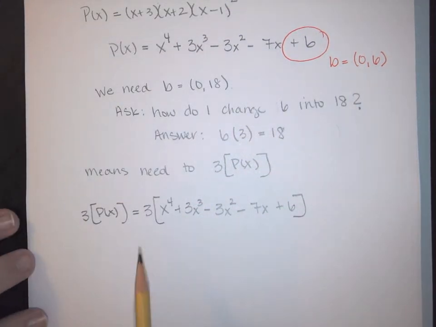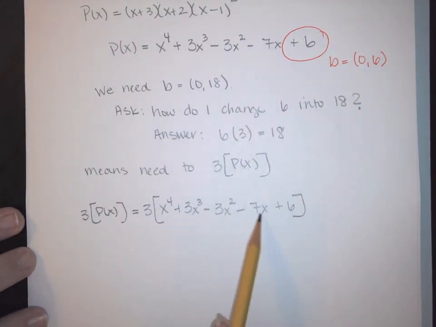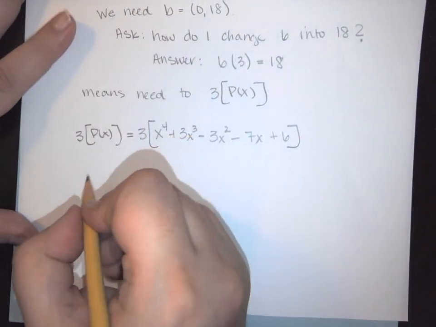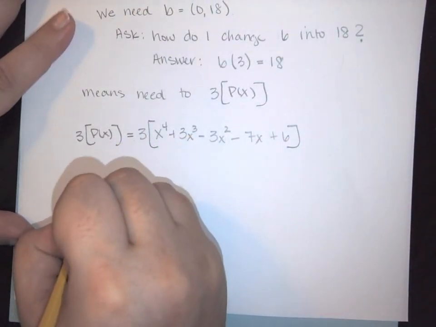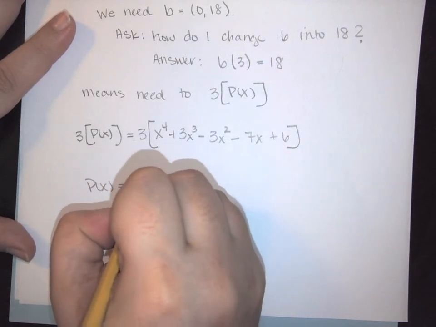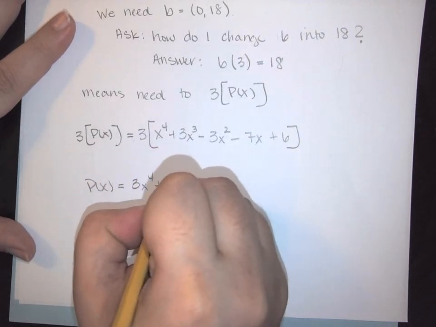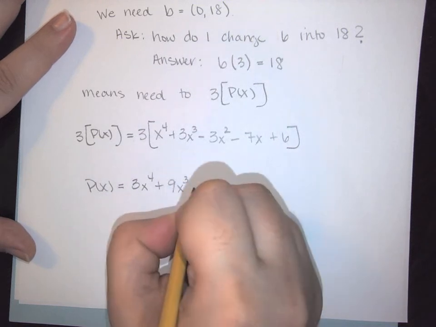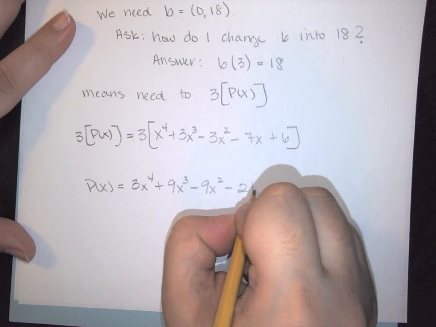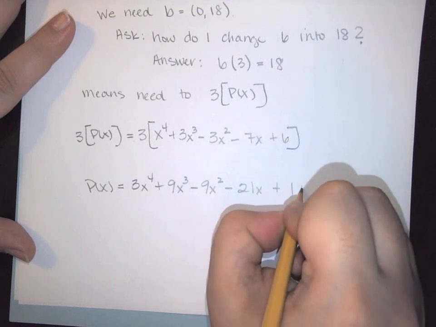So I have to multiply each term by 3 in order to actually find my polynomial. In this case, my polynomial is going to end up being 3x to the 4th plus 9x cubed minus 9x squared minus 21x plus 18.